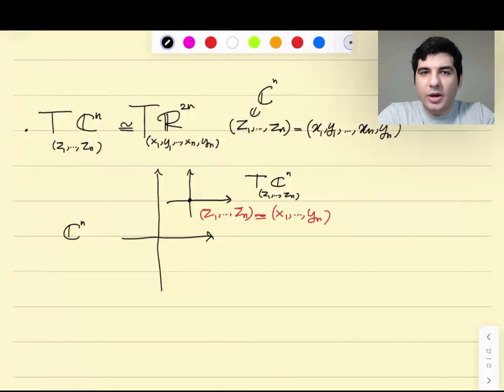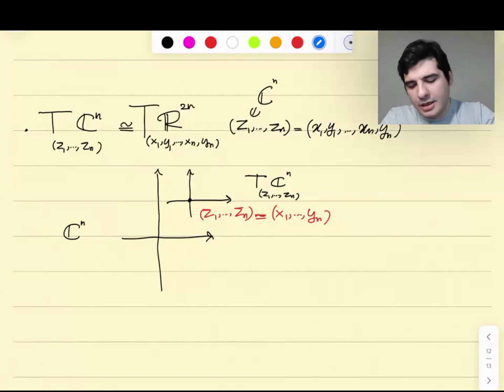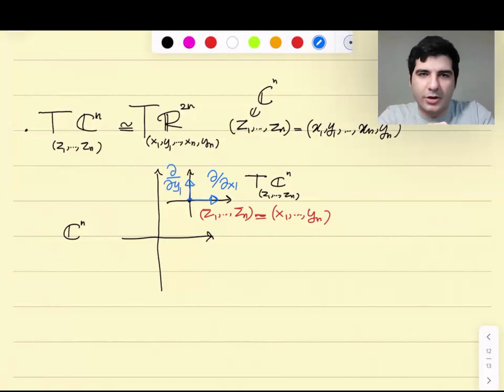Now, when I think about the basis of this vector space, I again can say partial x1, partial x2, etc. form a basis. But the point is that now, in the real setup, we are denoting our coordinates with x1, y1, x2, y2. So this would be partial x1, then partial y1, then partial x2, partial y2, up to xn and yn.